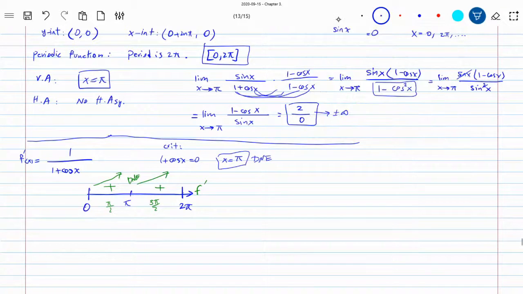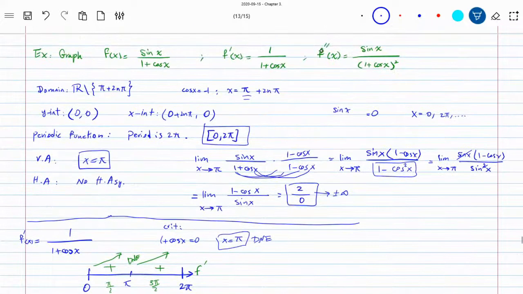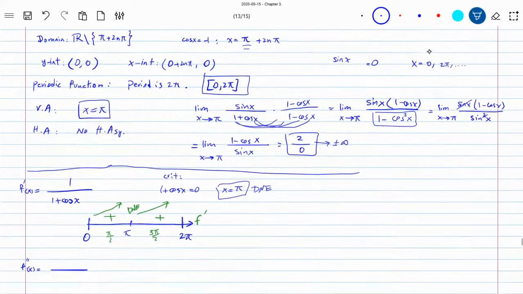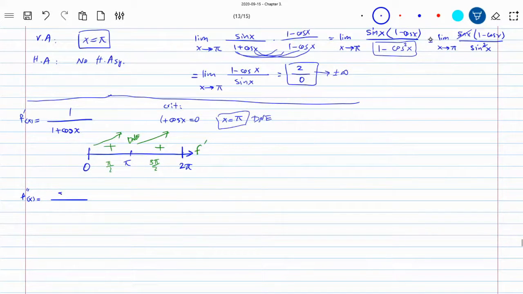Okay, if we look at the second derivative, the second derivative is given as sine x divided by 1 plus cosine x squared. So sine x divided by 1 plus cosine x squared.